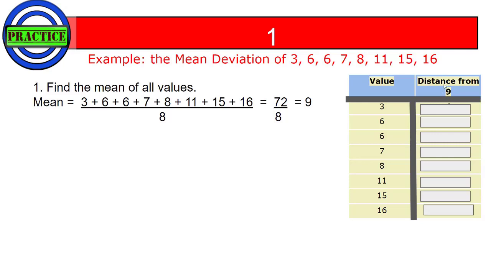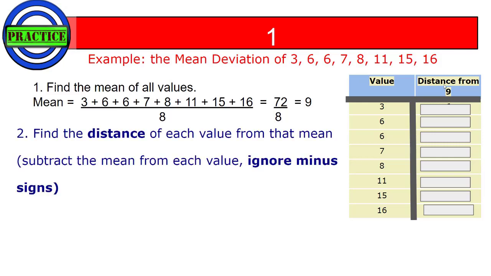My next step is to find the distance. This is our absolute thing that we're doing here. Find the distance of each value from the mean, and how we do that is we subtract our numbers from the answer that we got. So I'm going to ask, how far is 3 away from 9? And we would say 6. How far is 6 away from 9? 3.